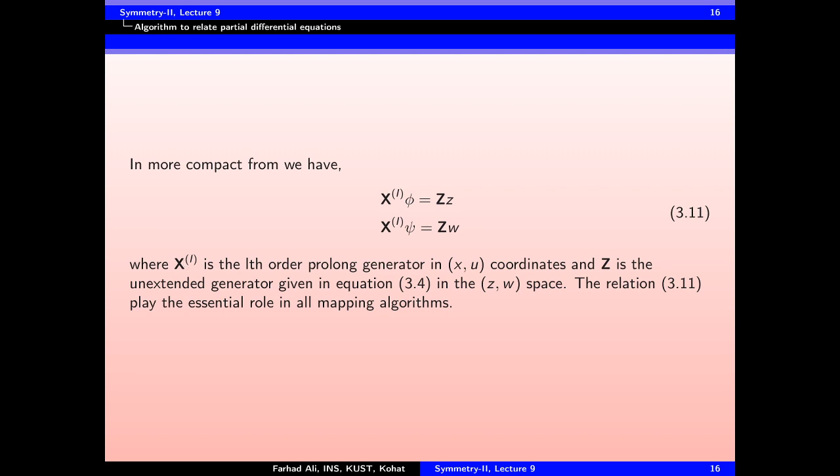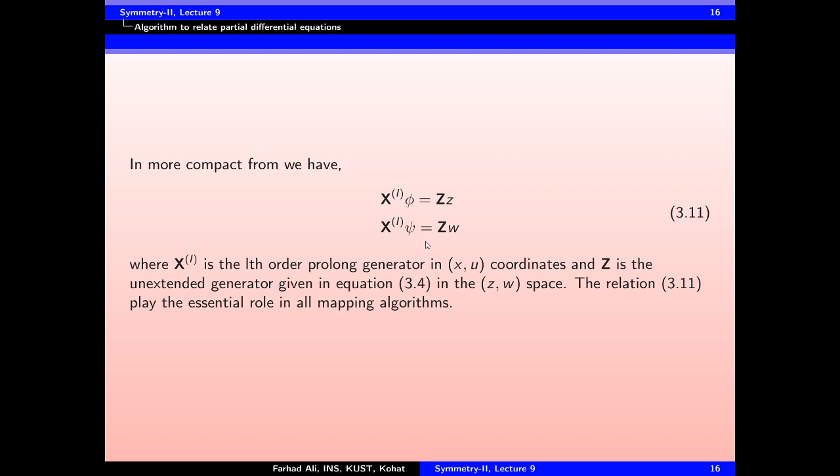where X^(n) is the nth order prolongation in the space of x and u coordinates, and Z is the extended generator given in equation 3.4. So let's see 3.4. This Z is defined in 3.4.